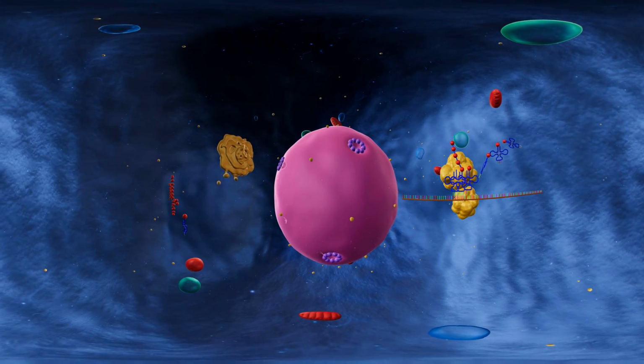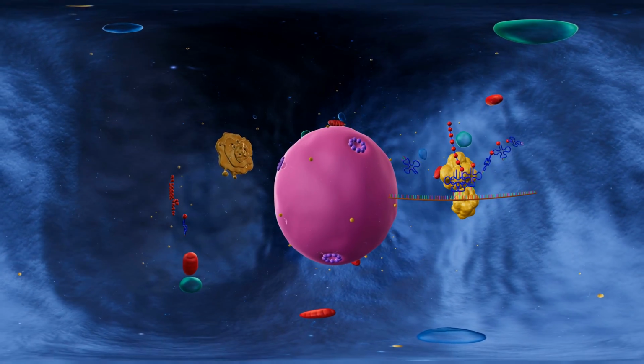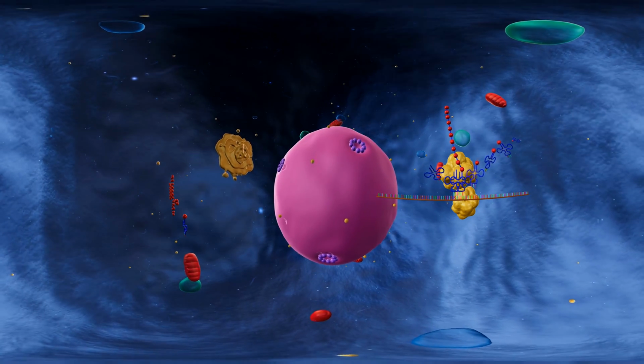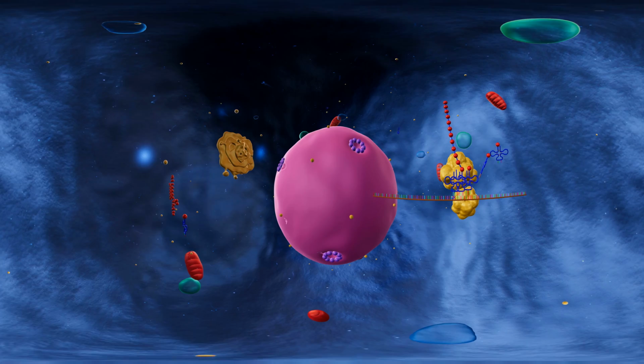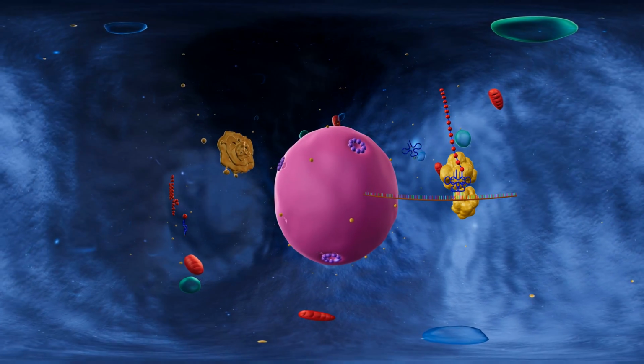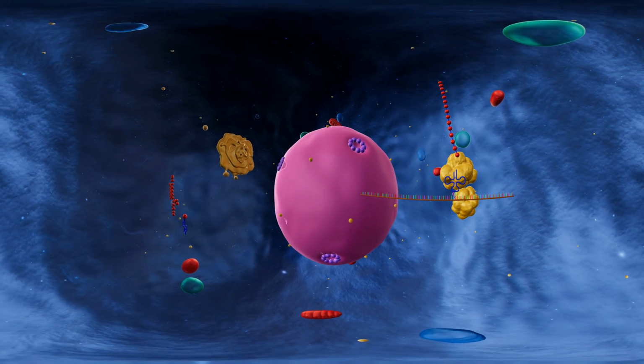Thus, the mRNA itself doesn't become a protein. All it does is provide a blueprint for what sequence of amino acids need to be bound together to form the final protein. This process keeps going on until the ribosome reaches a stop codon.